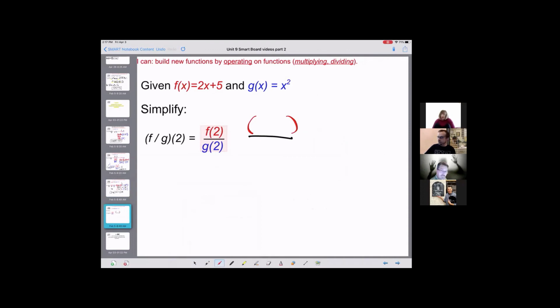We will have 2 with our small set of parentheses plus 5. And then on the bottom, again, we have x squared, so we'll have our set of parentheses for the g function, and inside there, we'll have a set of parentheses to the second power. We're going to fill both sets of parentheses with the value 2.